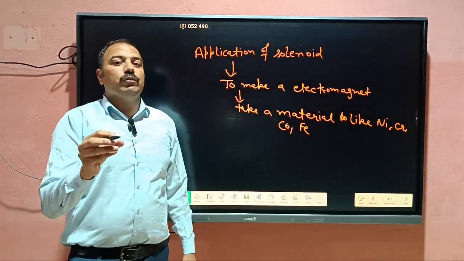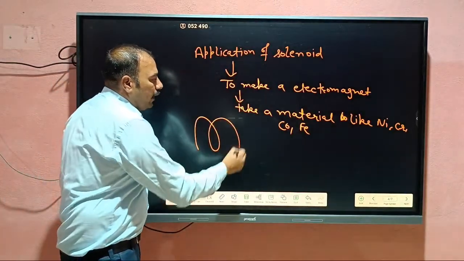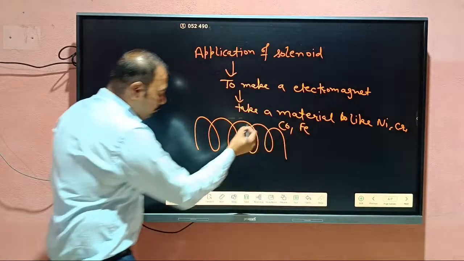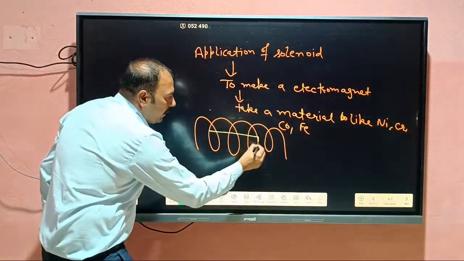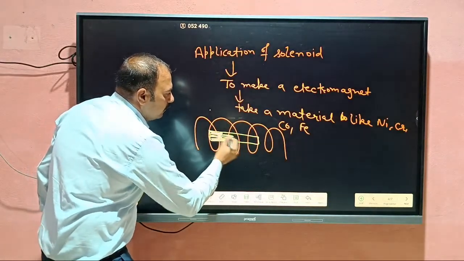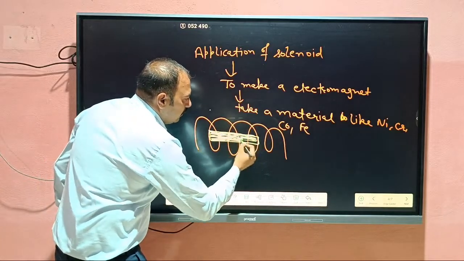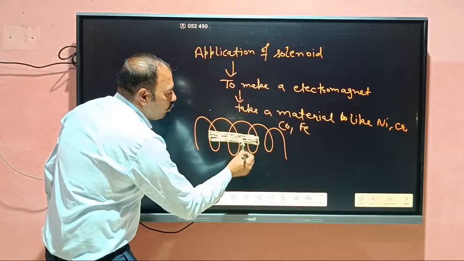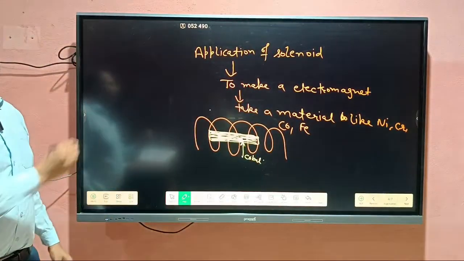These materials are put into the solenoid. For example, this is a cobalt. What happens when we switch on?